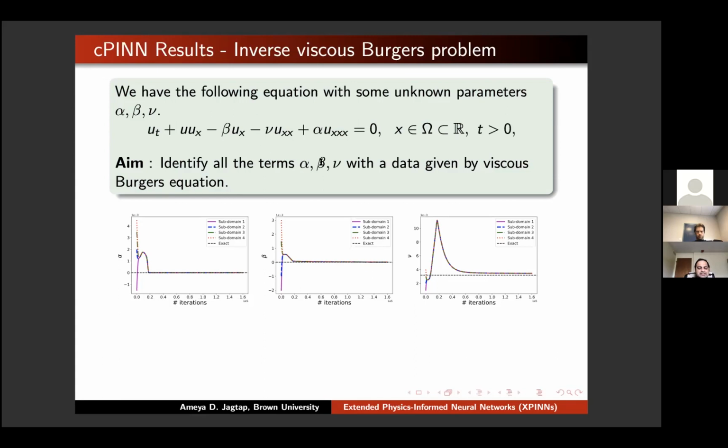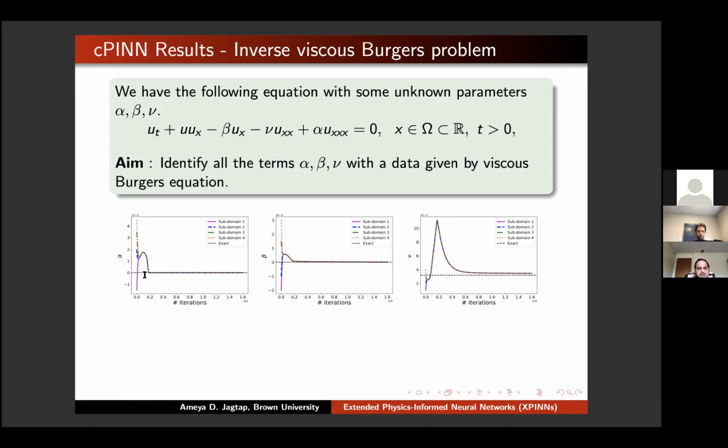We got this data from the exact solution of the viscous Burgers equation, and we have the same four subdomains, and we are initializing these values alpha, beta, and nu in all four subdomains separately.